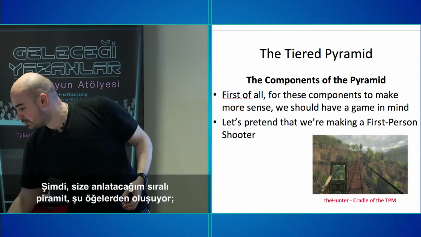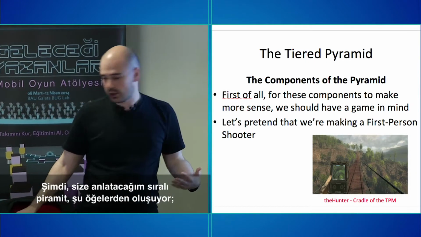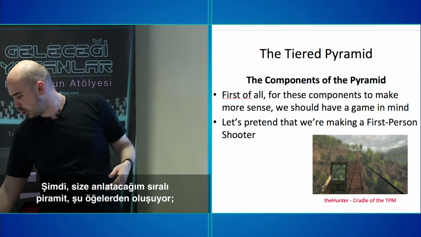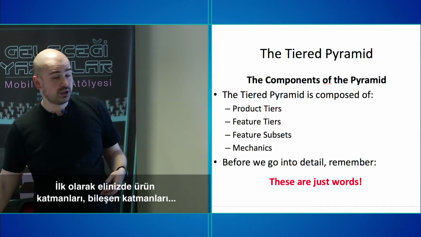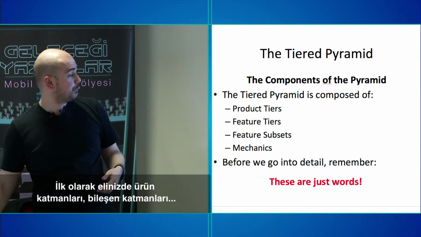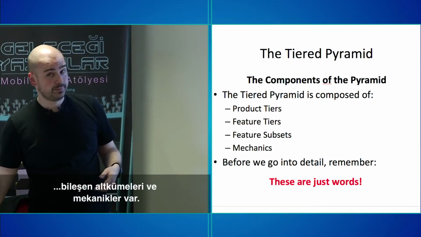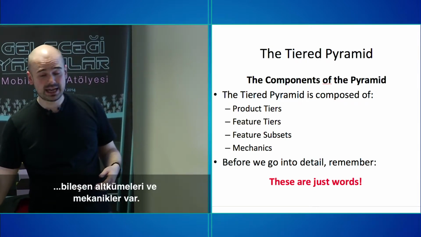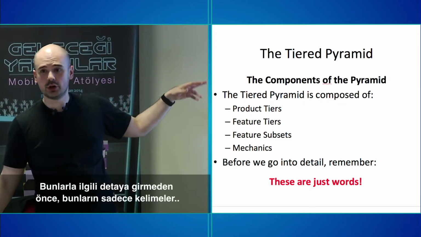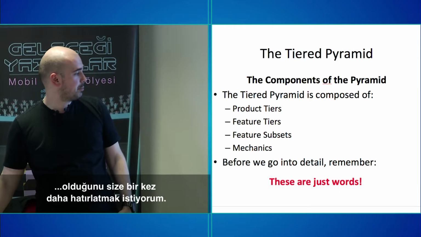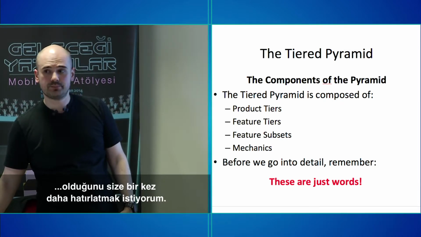Now, the tiered pyramid that I'm going to teach you how to build is composed of the following components. First of all, you've got product tiers, feature tiers, feature subsets, and mechanics. Before we go into any detail about all of these, it's very important that you remember that these are just words, okay?